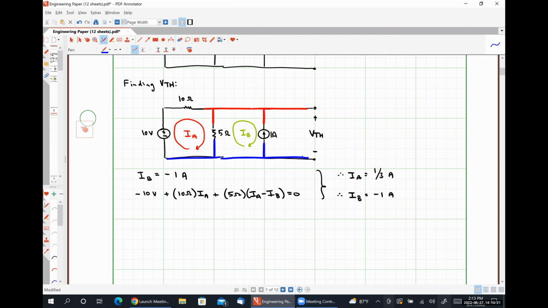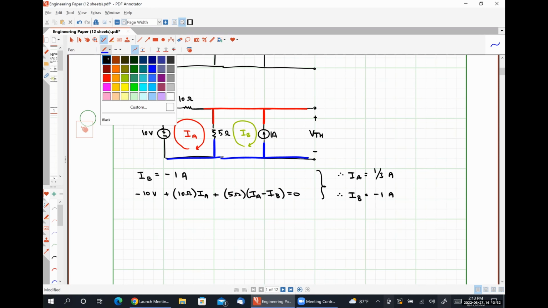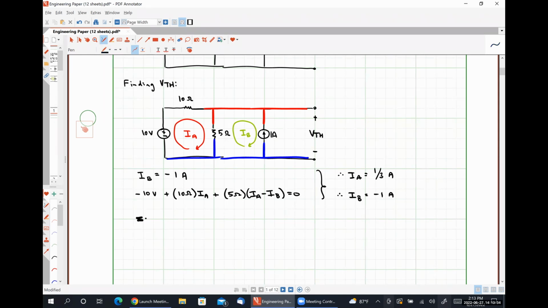So the voltage VTH is the potential difference between the red node and the blue node, which is the same as the voltage drop over the 5 ohm resistor. So from that, VTH is going to be 5 ohms times IA minus IB.